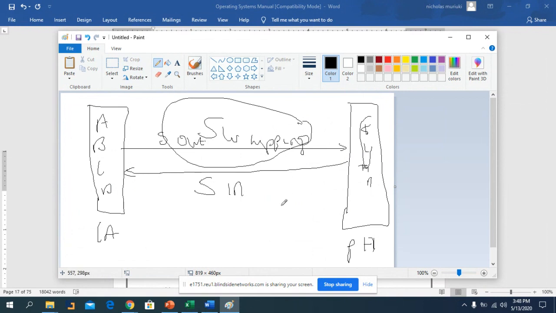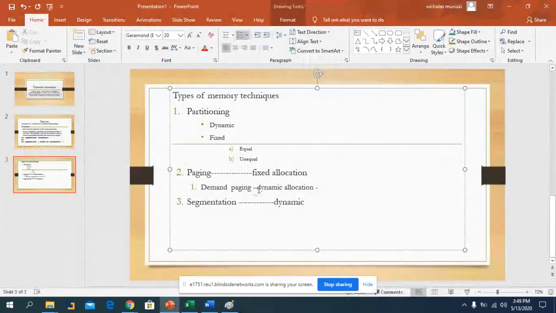In this case, we are allocating a process because we know the availability of that memory. That's why we say it uses some dynamism, but overall it is like fixed allocation, because the moment you know the process that is supposed to be allocated there, we can still allocate.